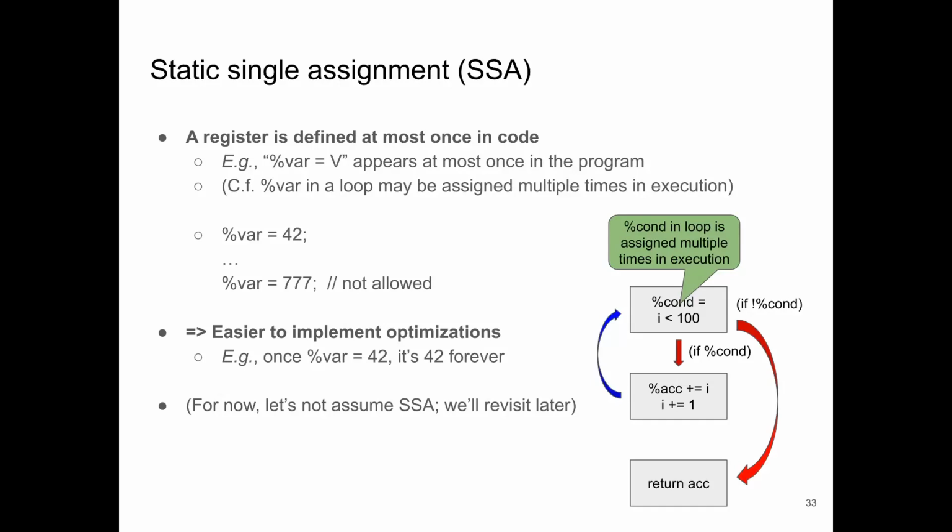When you read the variable from the register, it should always be 42. So that's the non-interference that is offered by static single assignment. And thanks to these non-interferences, SSA makes the life of optimization developers much easier.